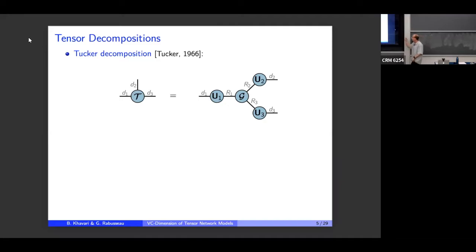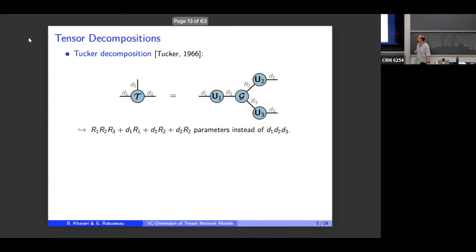And so one such decomposition, the Tucker decomposition, corresponds to taking this tensor T, of size D1, D2, D3, and expressing it as a core tensor G that ideally is smaller, right? G is of size R1, R2, R3, and this is actually the multilinear rank of the tensor, the minimal size of this core tensor, multiplied by 3 factor matrices. Okay. So this is one decomposition.